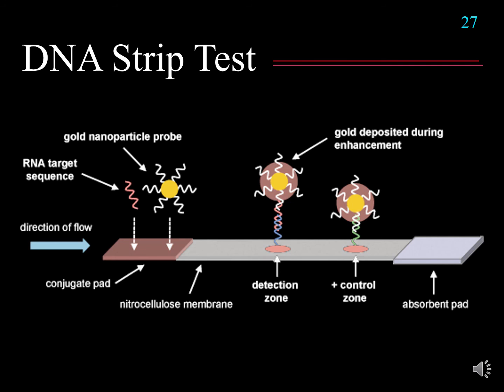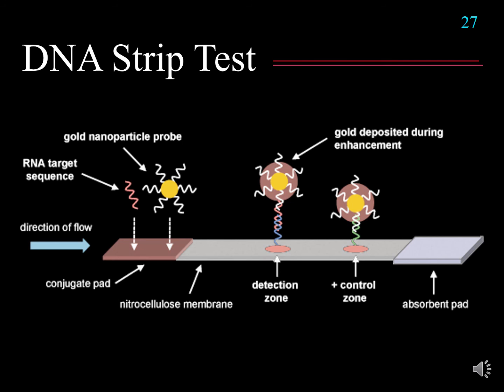Normally the membrane used here is nitrocellulose. Okay, so our mixture moves towards the right hand side, and we have the detection and the control. At the detection zone, we have DNA that has affinity binding with the target, and the target also binds with the gold.